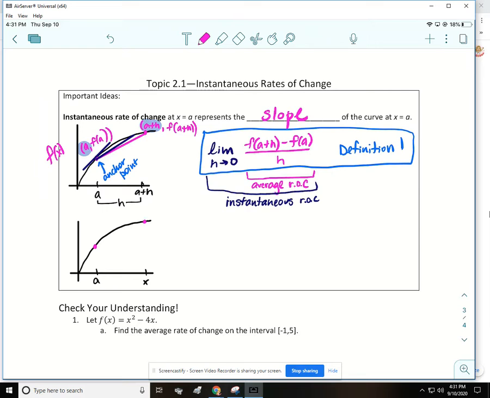So our ordered pairs of those 2 points are going to be A and f of A, and X and f of X. Alright, so if we wanted to find the average rate of change between those 2 points, or the slope of the secant line, we would subtract the y's in the numerator and subtract the x's in the denominator. Okay, so again, that's an average rate of change.